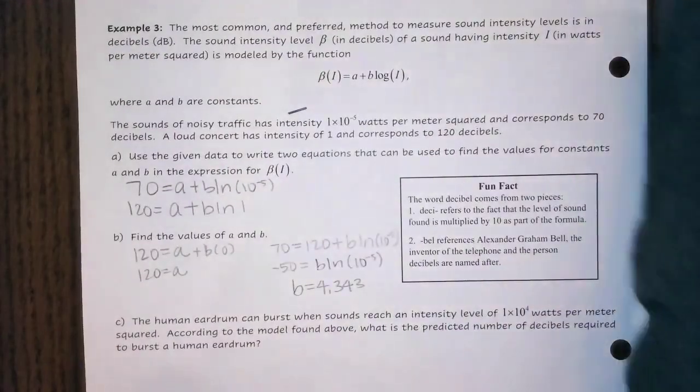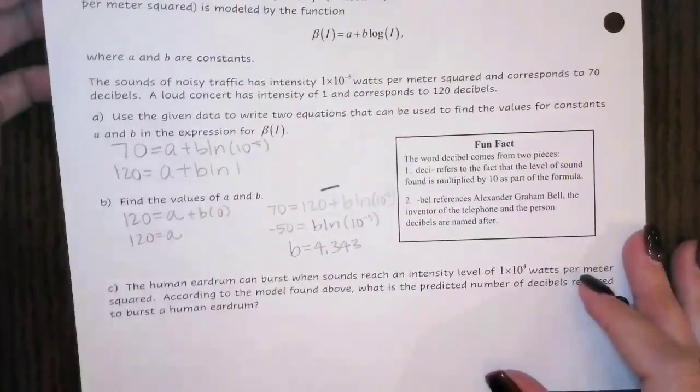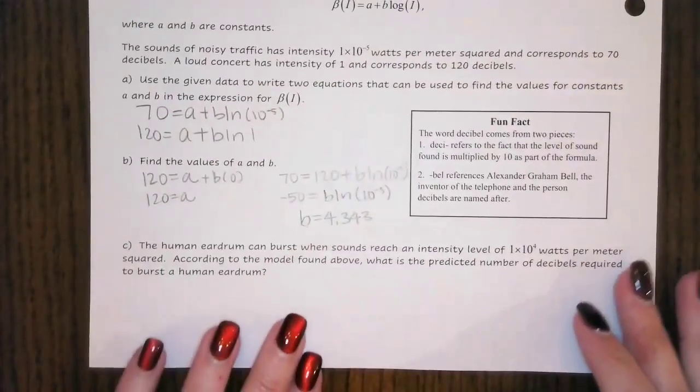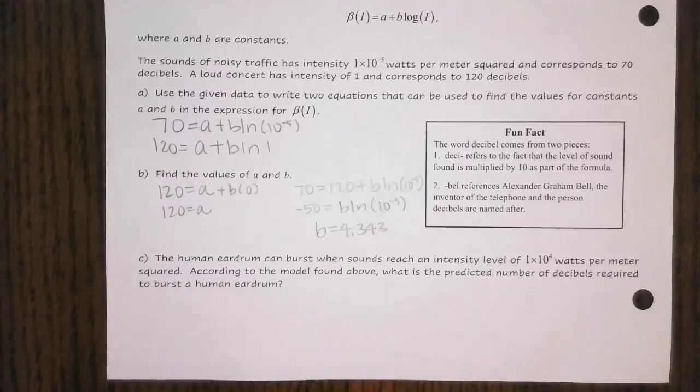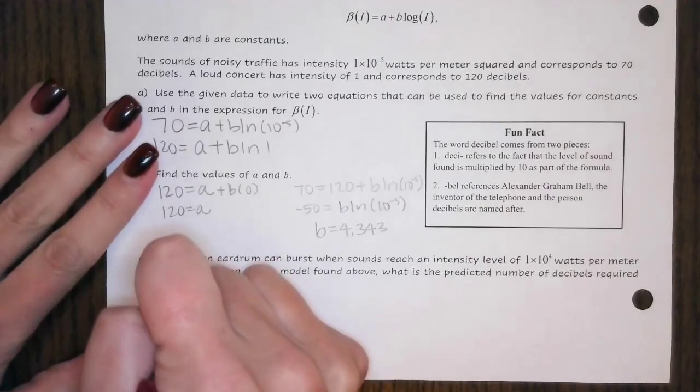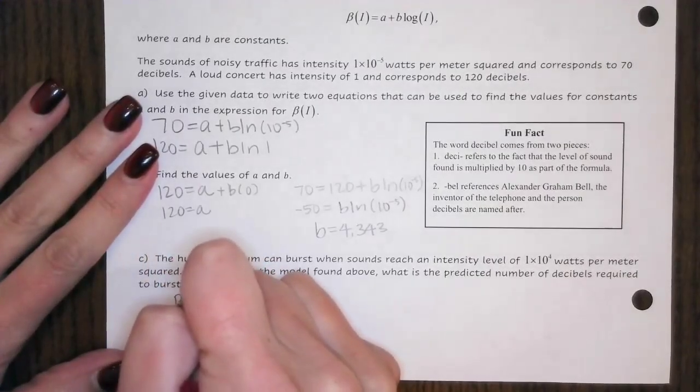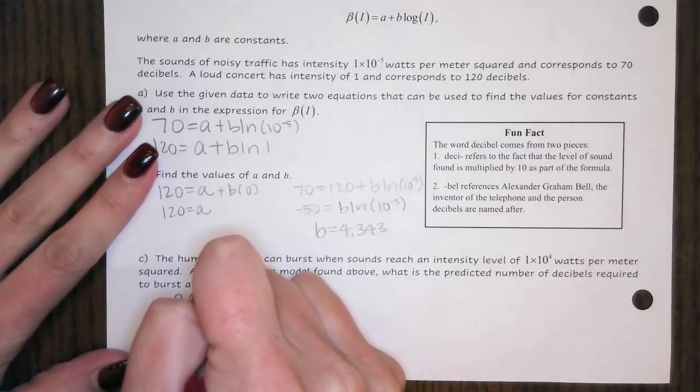It tells us on the next part here, the human eardrum can burst when sounds reach an intensity level of 1 times 10 to the fourth power watts per meter squared. According to the model found above, what is the predicted number of decibels required to burst a human eardrum? Okay, so we are looking for beta of 10 to the positive 4 power.